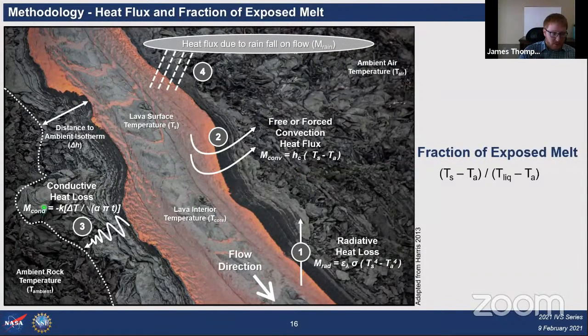Finally, I also calculate conductive heat loss, again with respect to temperature and various thermal properties of basalt. I'm ignoring heat flux due to rain in this instance because there was no rain when I was acquiring data.